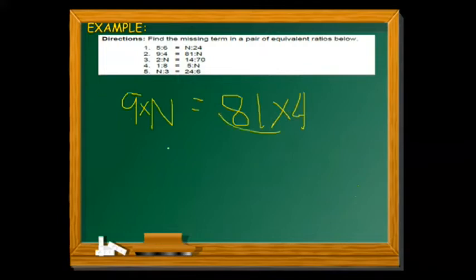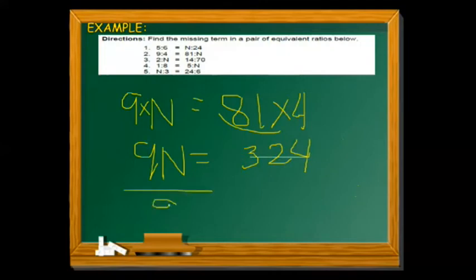So 9 times n equals 9n. Equals, and then after that, 81 times 4, the answer is 324. So para mawala siya, we will divide this by 9 and the other one is 9 as well.